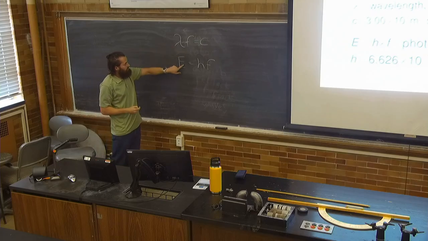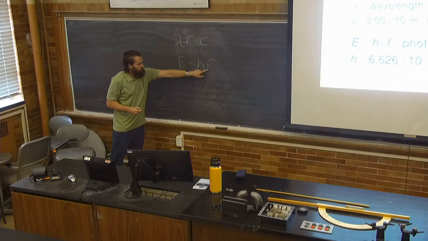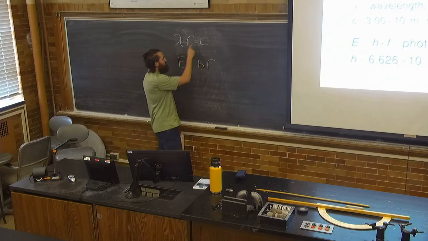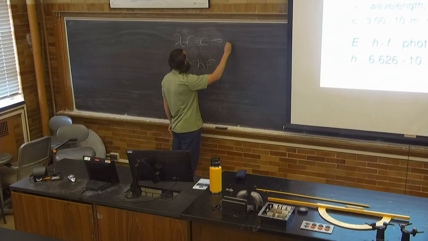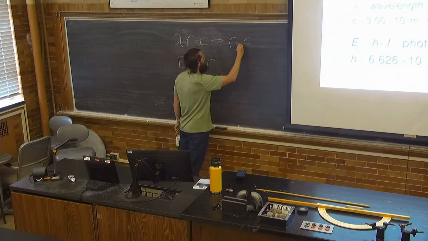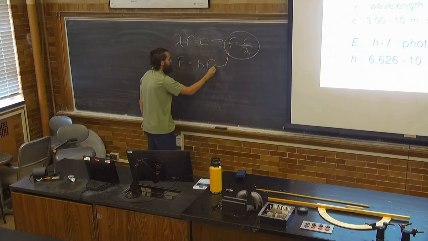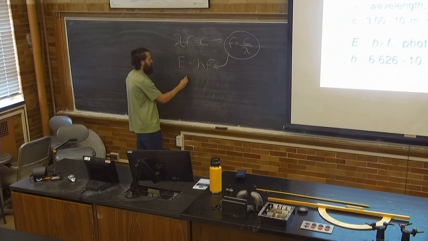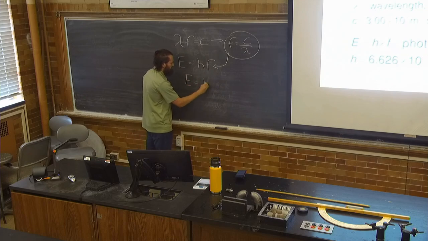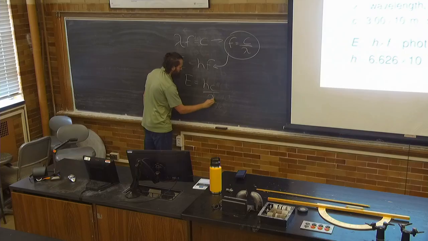If we want the energy in terms of the wavelength instead of in terms of the frequency, we can just solve this equation for frequency and then plug it in to this equation. So you get the energy is hc over lambda.